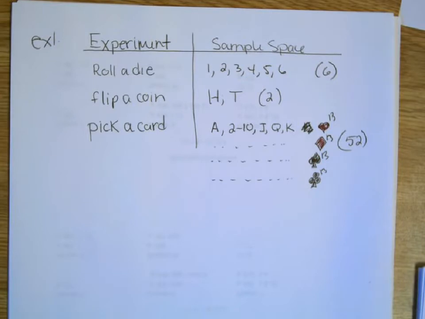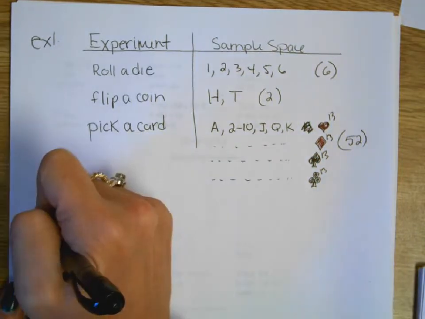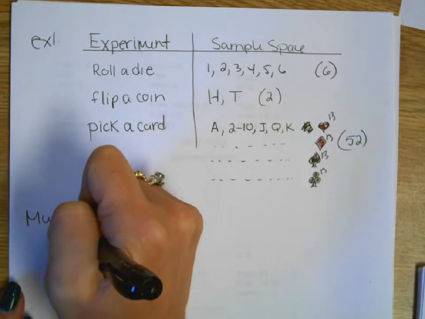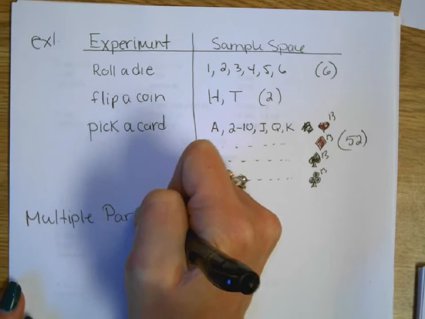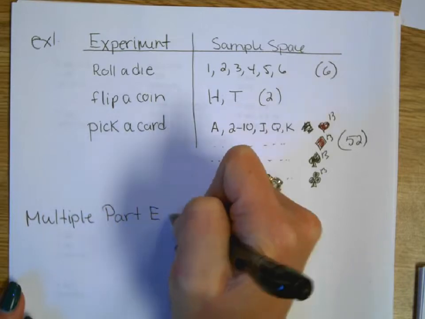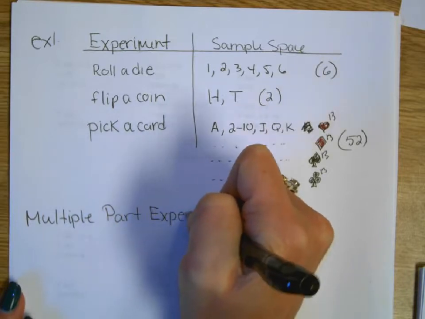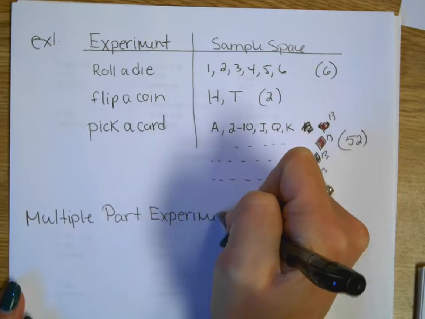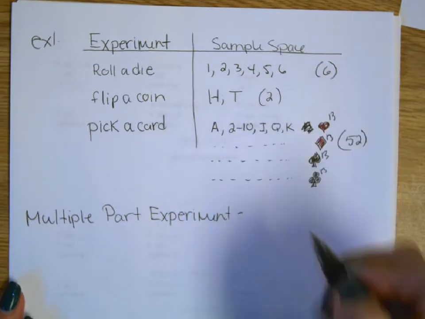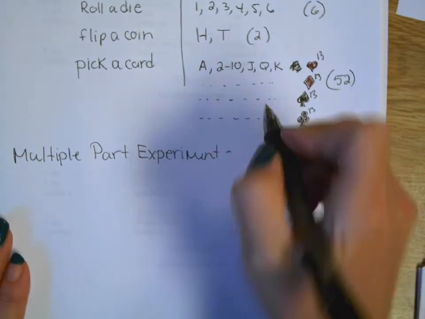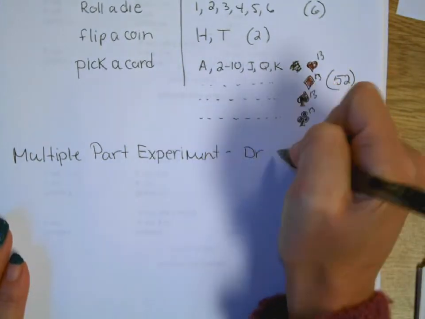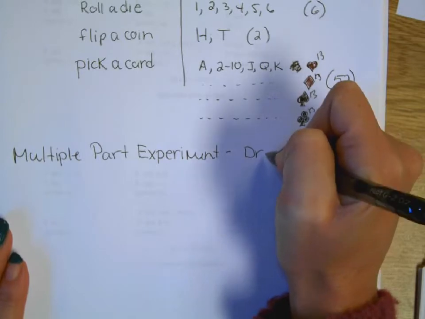Now, we want to talk about multiple part experiments. This is where it gets a little more challenging. What's going to help you see the sample space is to draw a tree diagram, because a multiple part experiment means you've got more than one thing happening.